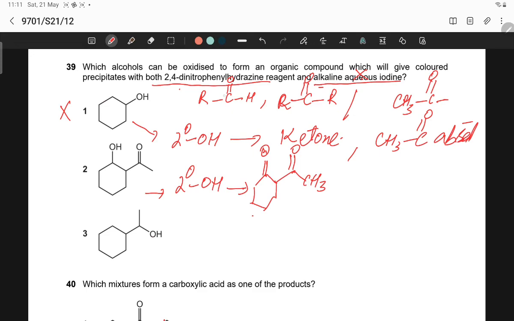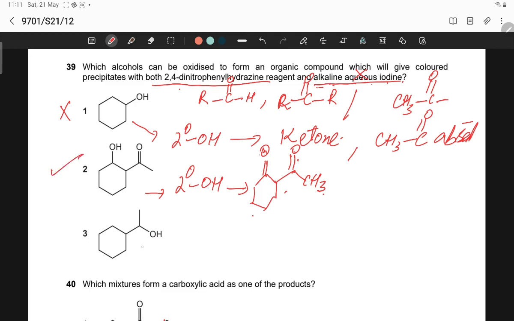It gives a positive test with 2,4-dinitrophenylhydrazine because a ketone is present, and the ketone is directly attached to a CH3 group, so it also gives a positive test with alkaline aqueous iodine. So this is also correct. So the second statement is correct.